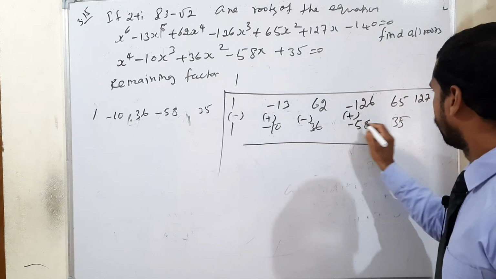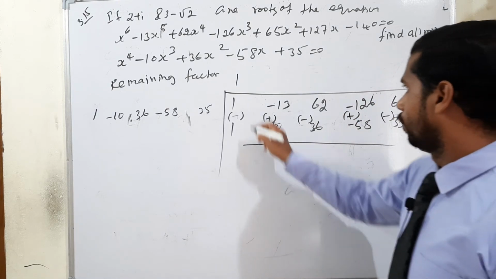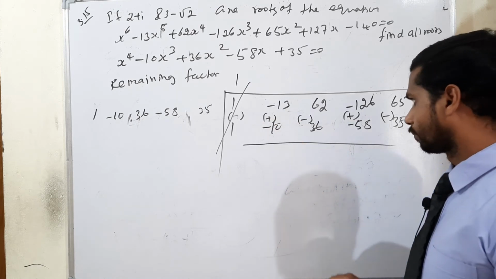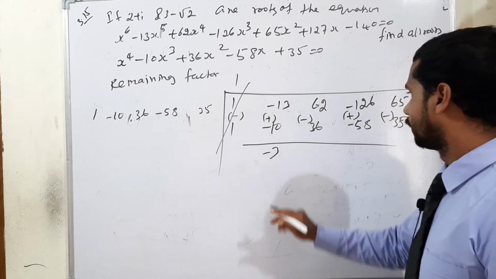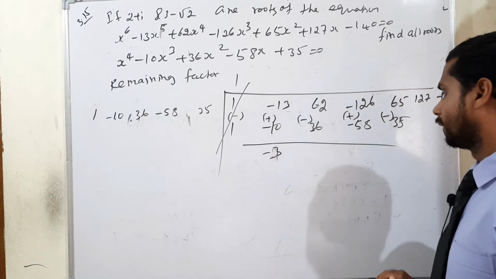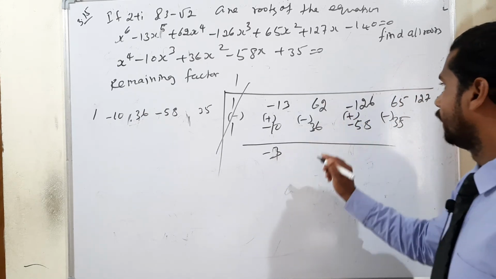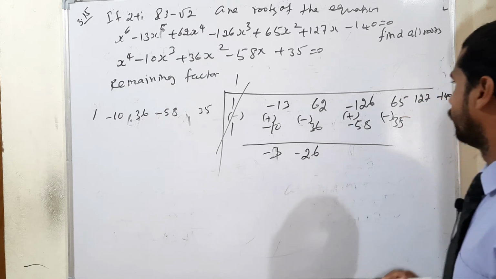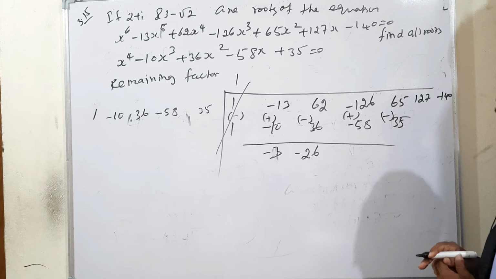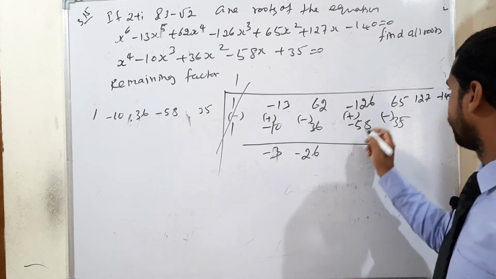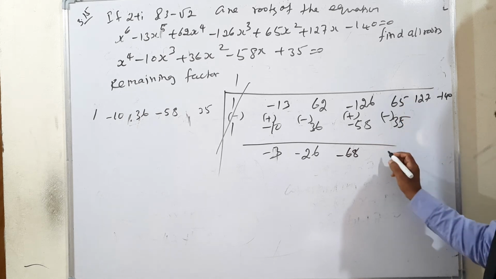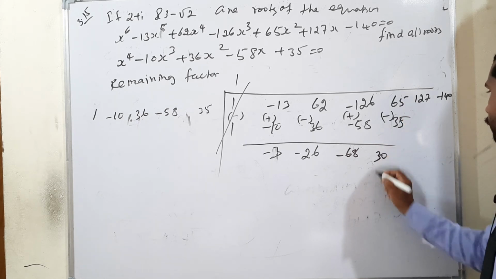Now plus 1 minus 1 cancel. Again minus 13 plus 10, minus 3. 62 minus 36, 26 will come, so minus 26. Next condition negative 126 positive 58, negative 68. Next condition 65 minus 35, positive 30.